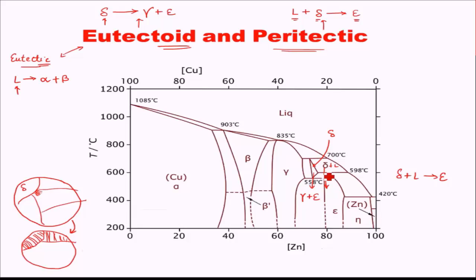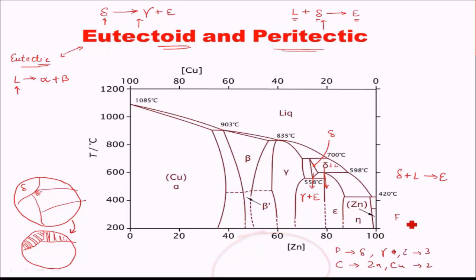Over here, let's see degree of freedom in this case. At this location, the phases are delta, gamma and epsilon. So we have all the three phases coexisting at this point. The components we have are 2 here. In water we had one component, which was H2O. Here we have zinc and copper. So we have 2 components. But since we are in the solid state regime, we are keeping the pressure constant.